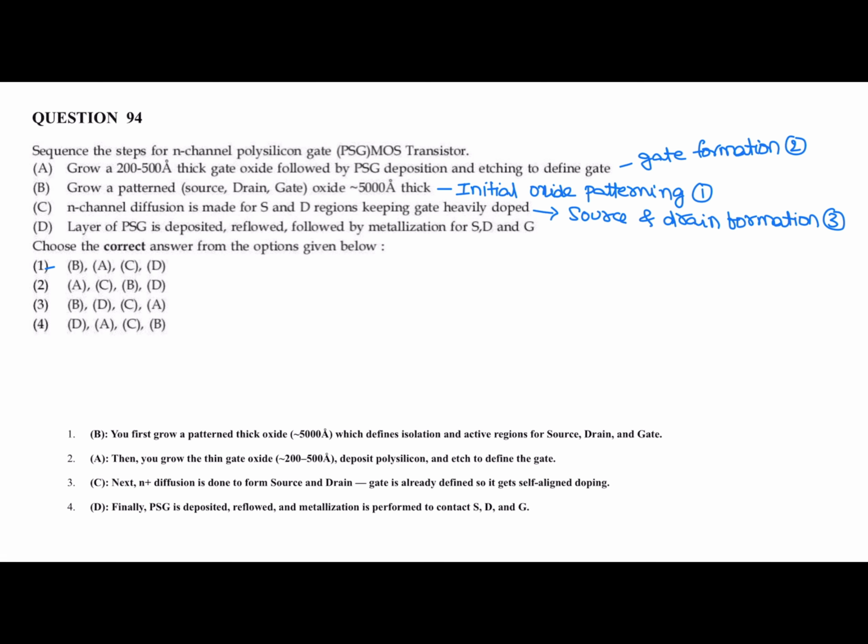And finally a layer of PSG is deposited over the polysilicon gate, reflowed, followed by metallization for source, drain and gate. So that is final passivation and forming metal contacts. This is step 4. So the correct option is B, A, C and D. Correct option is 1.